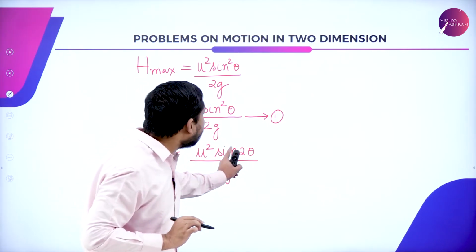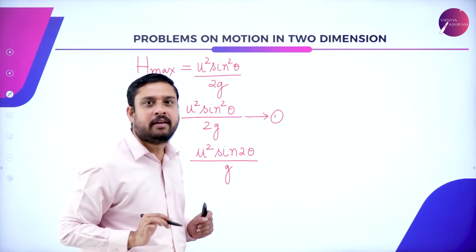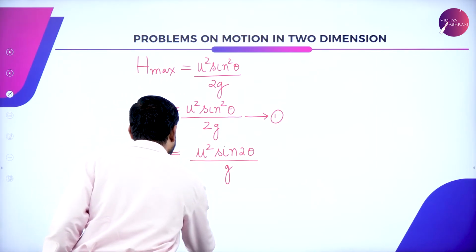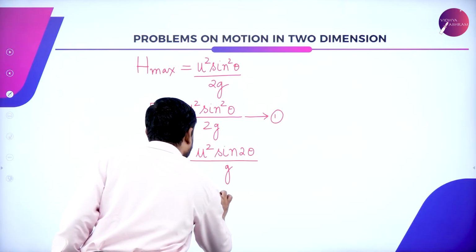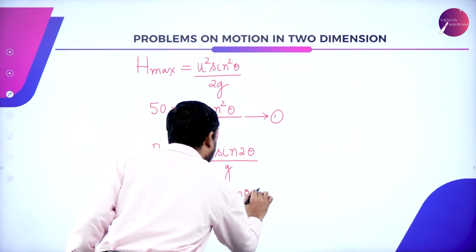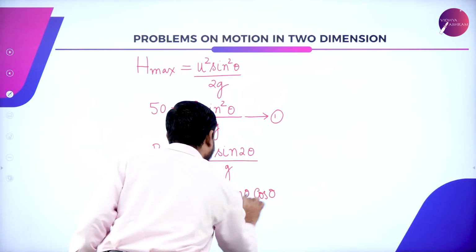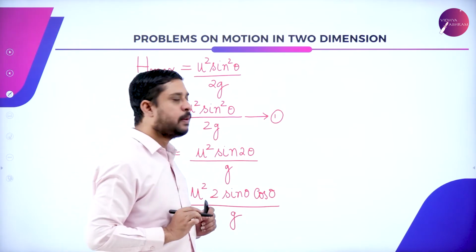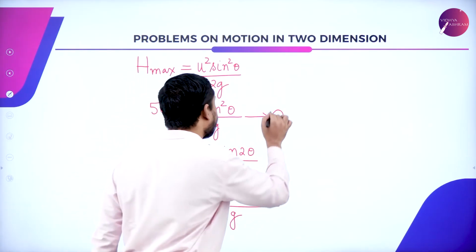Now, can I not rearrange sine 2 theta? So sine 2 theta is rearranged and this is u square 2 sine theta cos theta divided by g. The value of range is given.